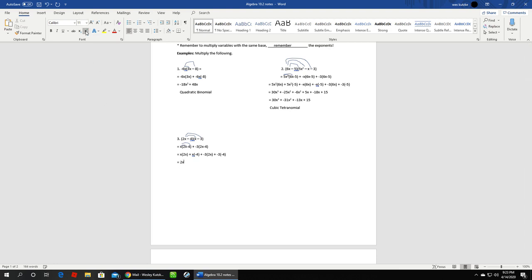2x squared plus negative 4x plus negative 6x plus negative times negative is positive, so 12.